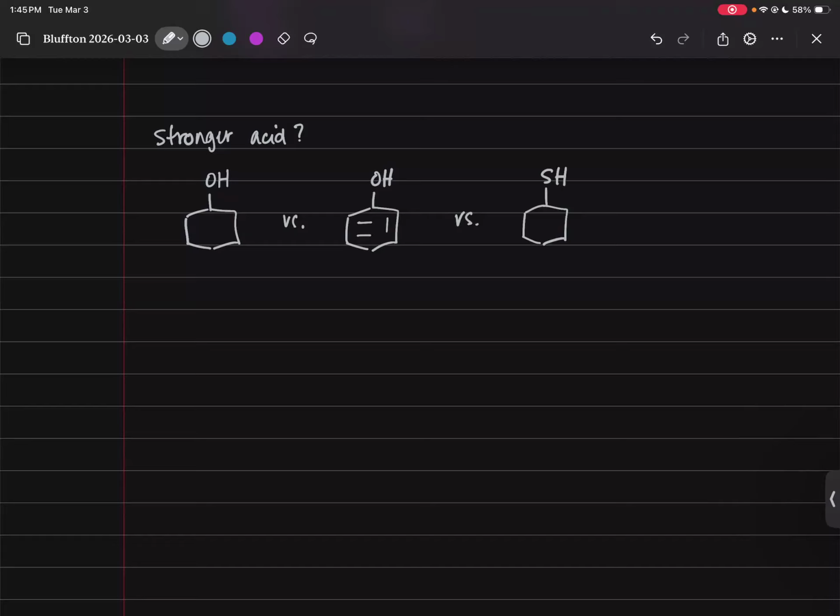Okay, so which of these is the stronger acid? Actually, I should say, rank acid strength.